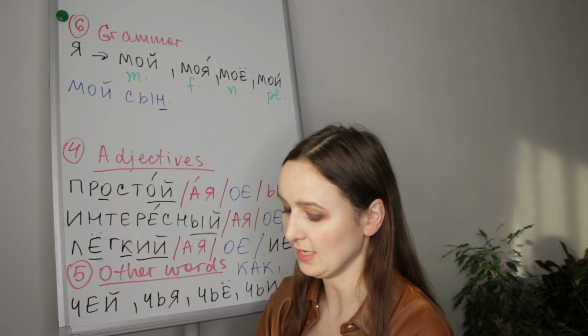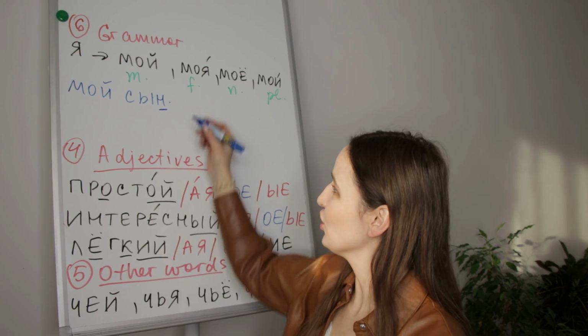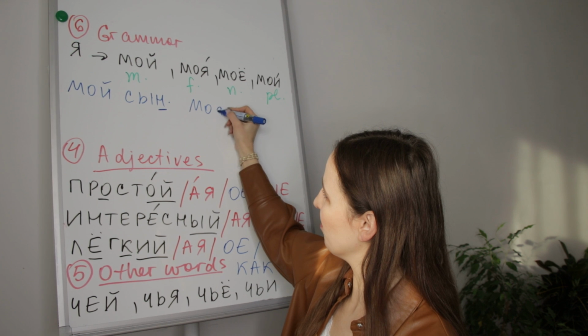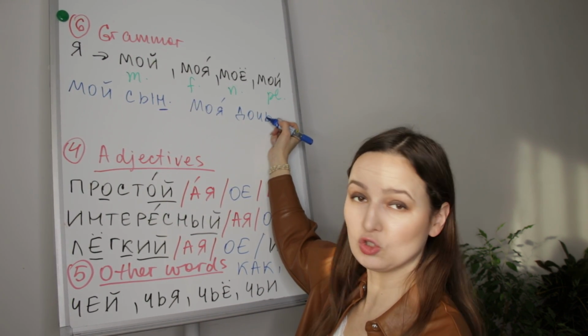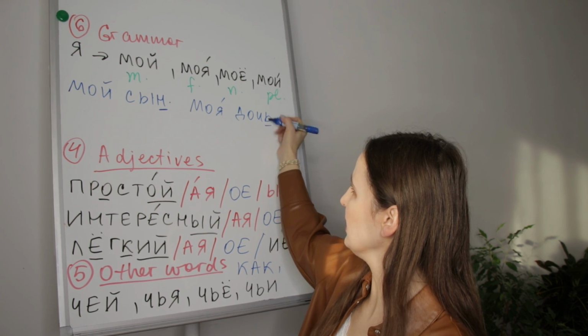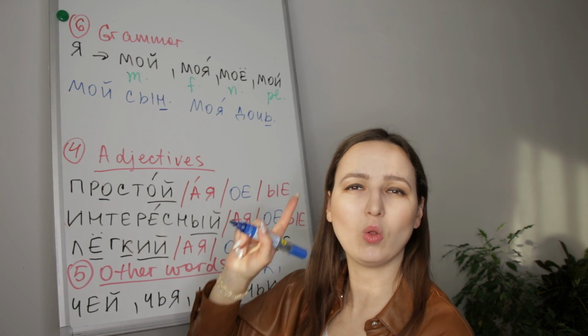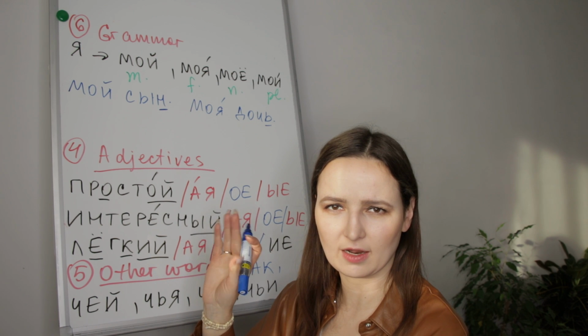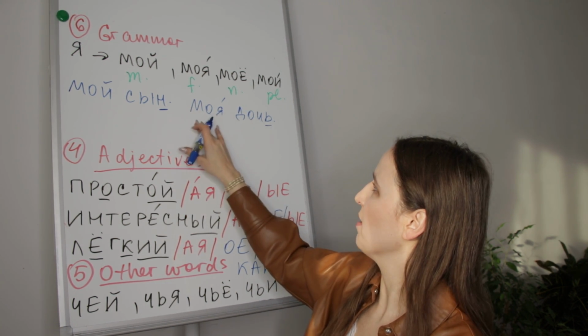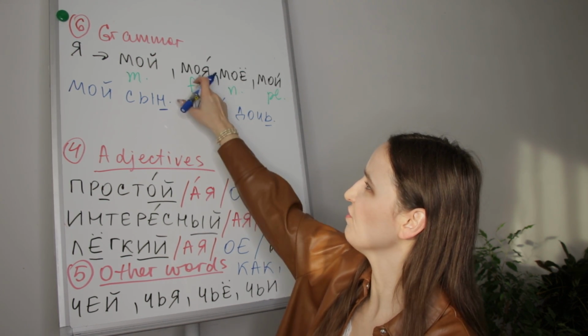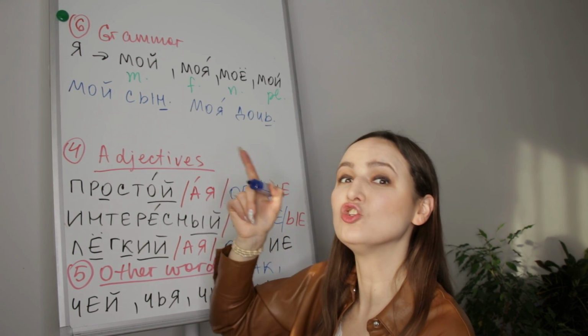Мой сын, my son. Моя дочь. Дочь is daughter and it ends in a soft sign. Not all the words that end in a soft sign are feminine, but дочь for sure is feminine because it's daughter. Моя дочь, my daughter.